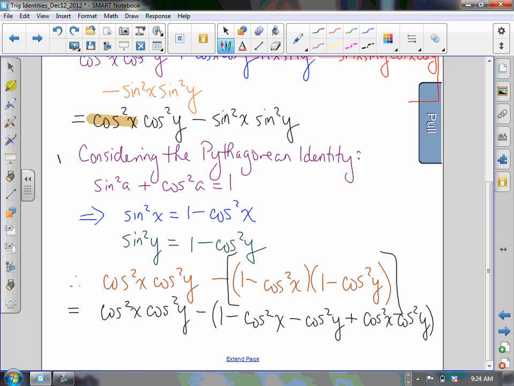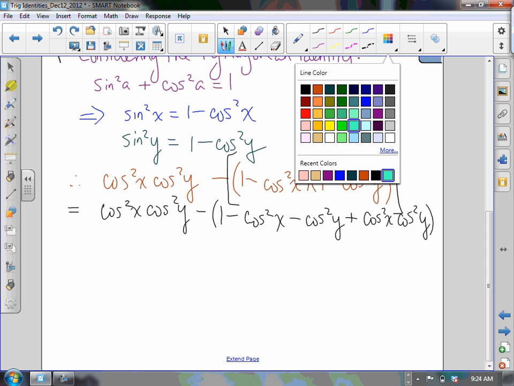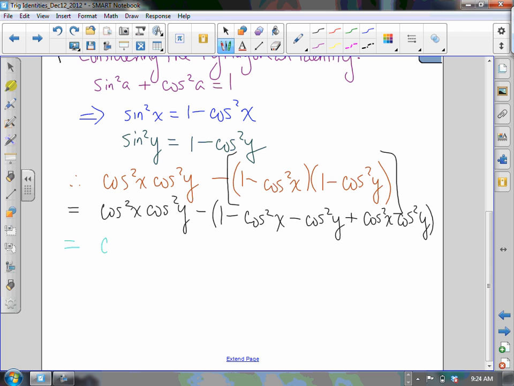Okay, so moving forward, let's see now, choose a different color. This term stays. So let's deal with expanding the negative into this bracket. So we'll have minus 1 plus cos squared x. Well, this is looking good if we remember back to our initial line.